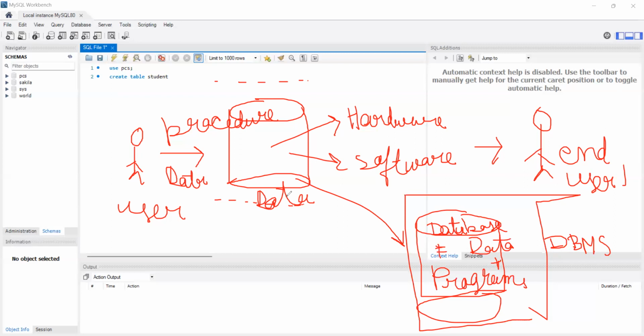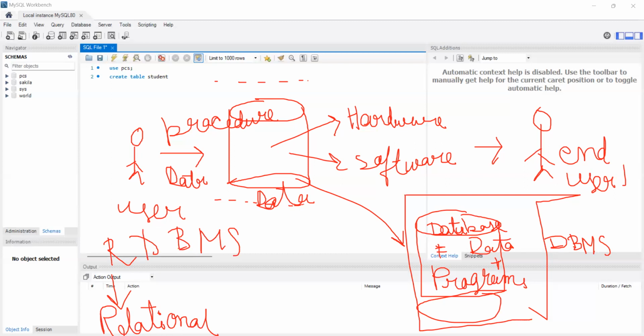So in the database management system, or DBMS, we store our data in an organized way. But what would be different for RDBMS, the relational database management system? In DBMS, the data is not stored in tabular form.